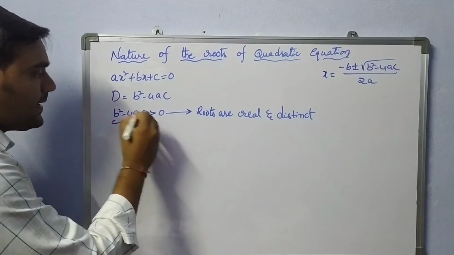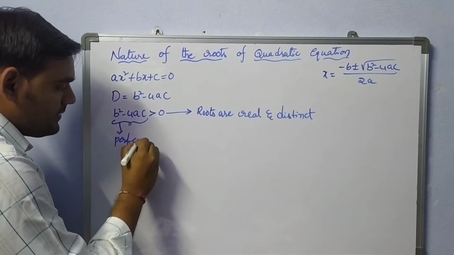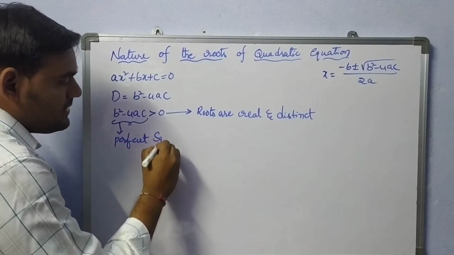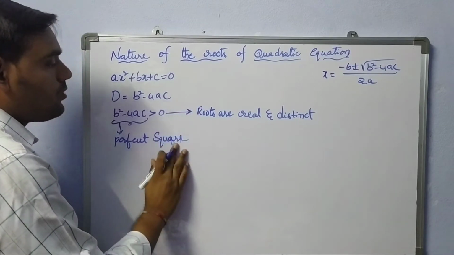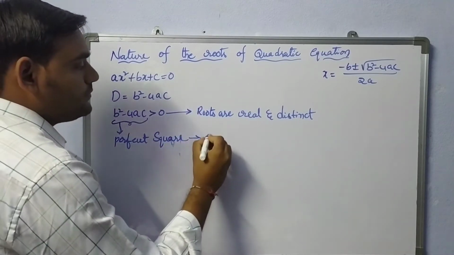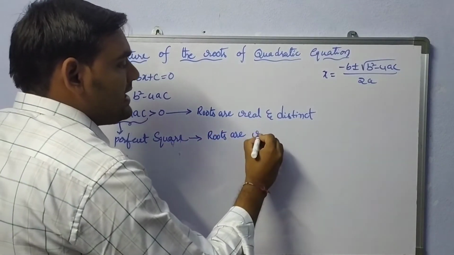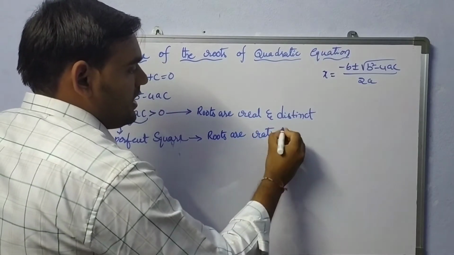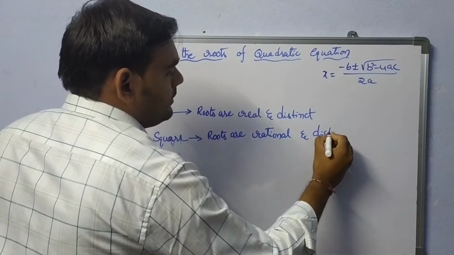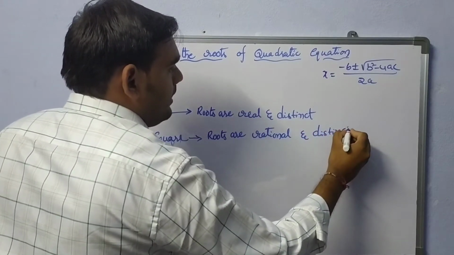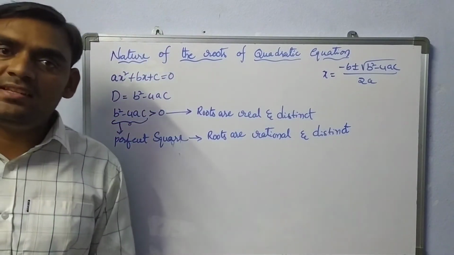Suppose b square minus 4ac is a perfect square, then roots are rational and distinct.